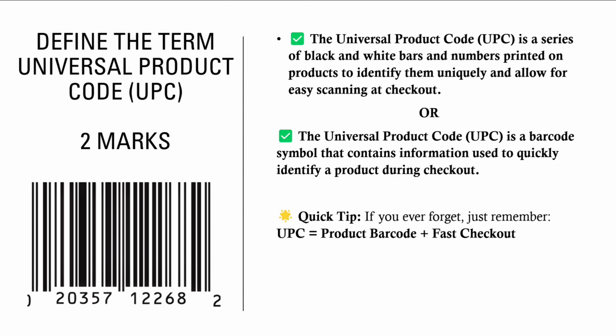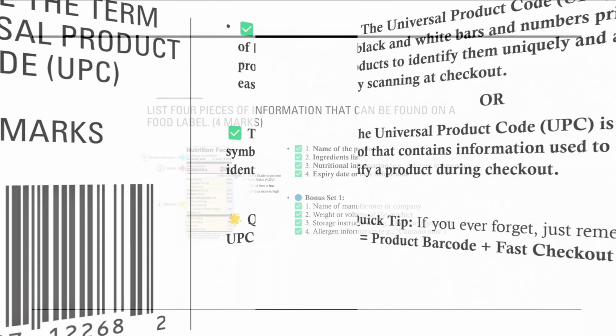Or you could also say the Universal Product Code is a barcode symbol that contains information used to quickly identify a product during checkout. A quick tip, if you ever forget, just remember, UPC is a product barcode, and one of the main advantages is faster checkout. And there you have an image of what it actually looks like.